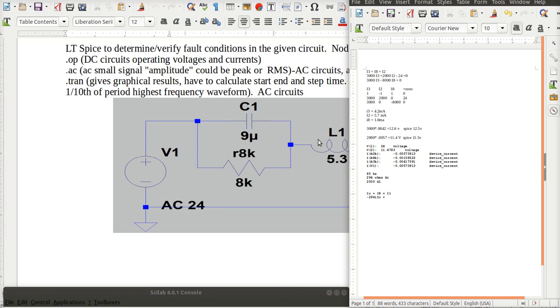My next voltage drop will be IL times the inductive reactance, which is right around 2000, and it also is I. So it's a positive 2000 I times IL, and then I'm coming around to the voltage source. Well, this is what it was, minus 24 at that moment in time equals 0.